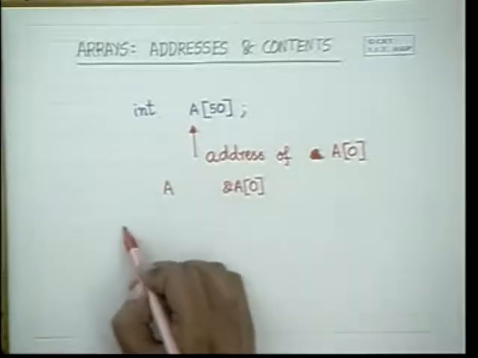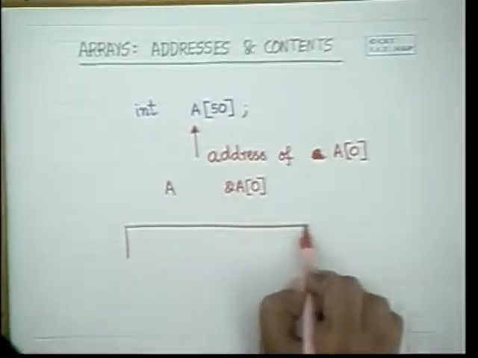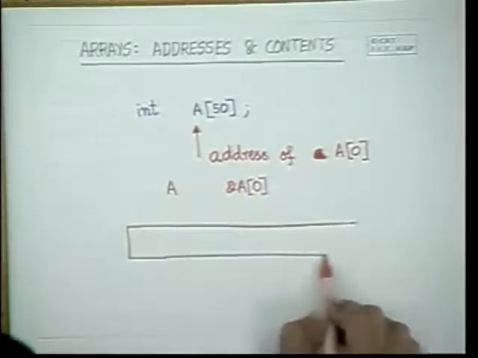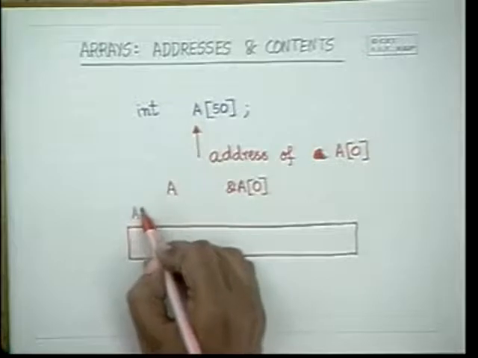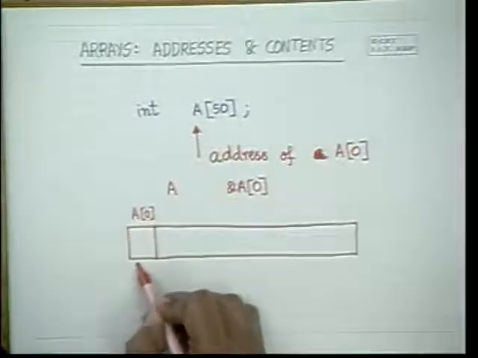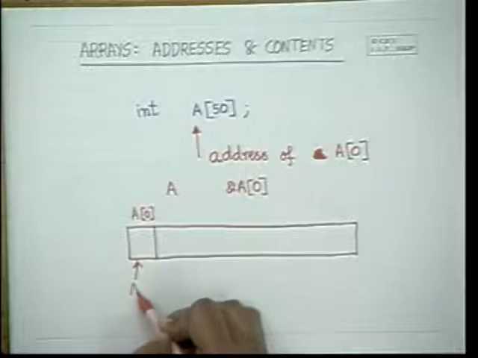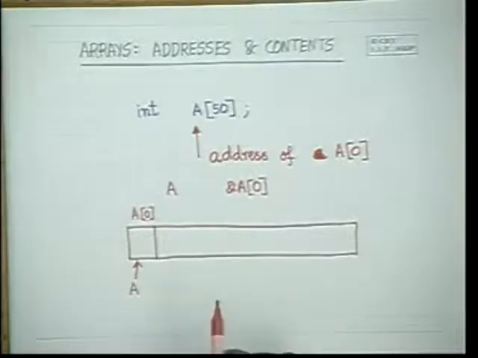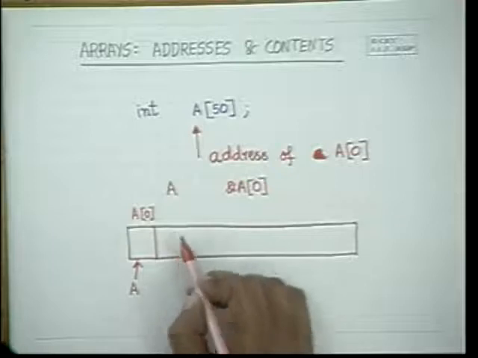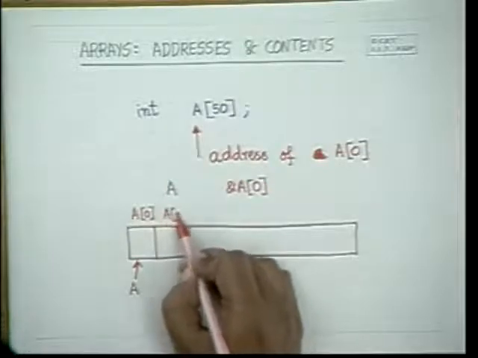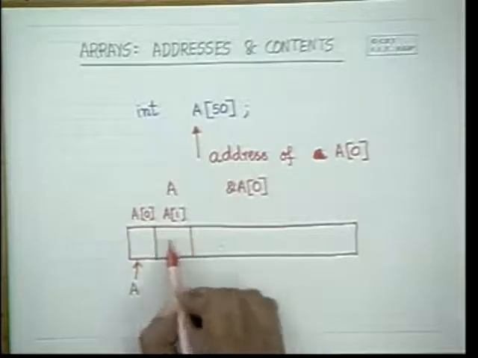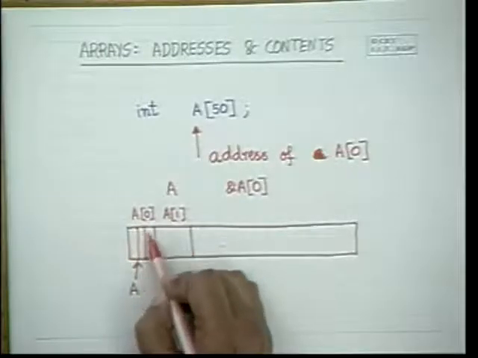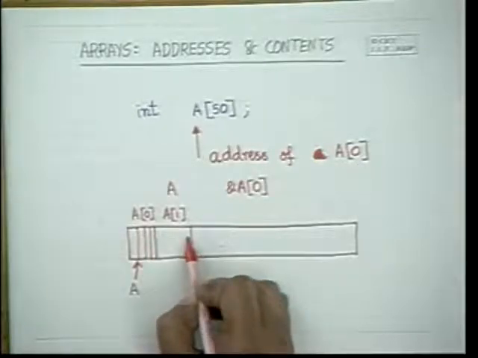The second point is that the array is stored in contiguous locations. In the memory, if this is A[0], which is also the value of the address A, that is, you can access A as an address, then the next will be A[1]. But they are not one after another, because if an integer requires 4 bytes of memory, then A[1] will start after 4 places in the memory.